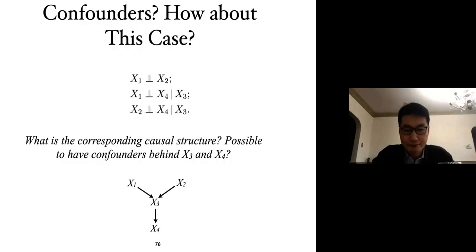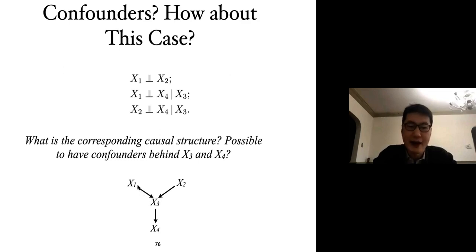Because if you have a confounder here, right? C here as a common cause, a direct common cause of x3 and x4. Now you can see if you have C here, then if you condition on x3, x1 and x4 will not be independent, will not be conditionally independent because we have a collider or common effect here, x3.